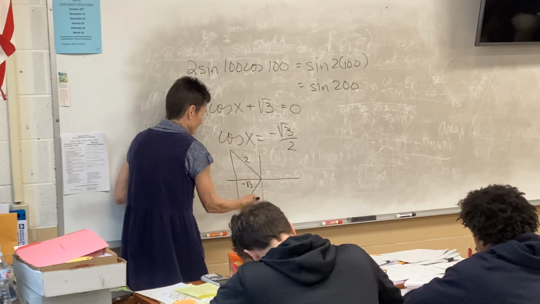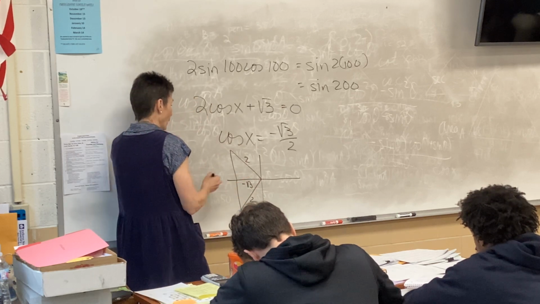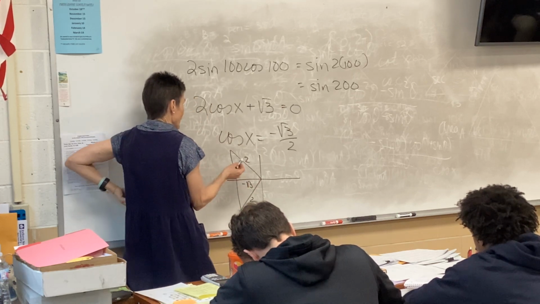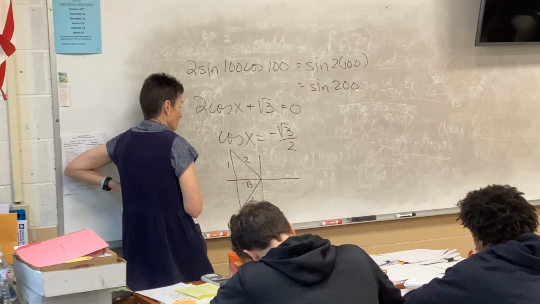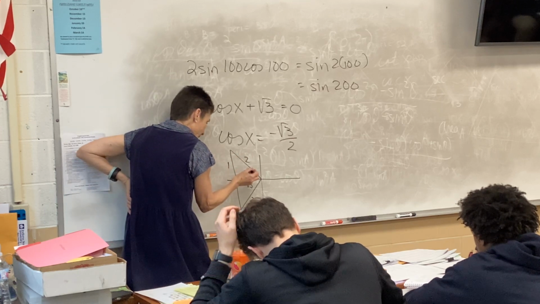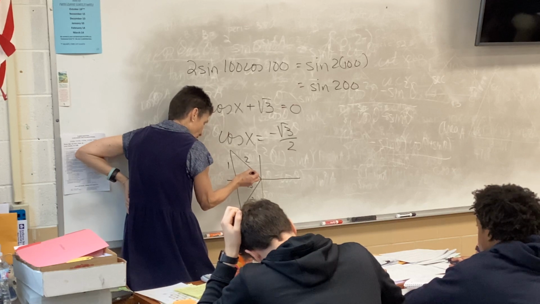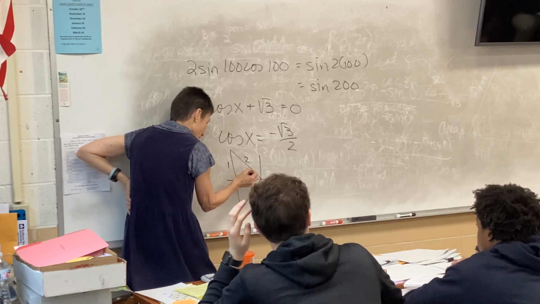And down here. Well, if adjacent is root 3 and hypotenuse is 2, then opposite has got to be 1. And how big is that angle right there? 30, but in radians that would be pi over 6.